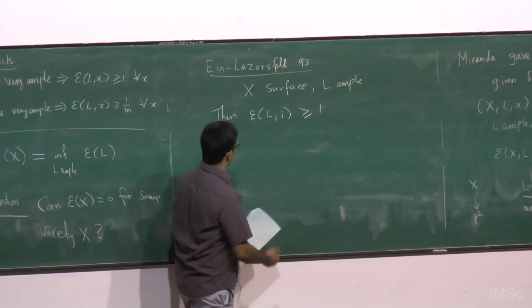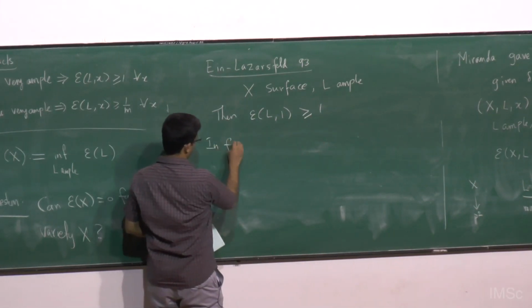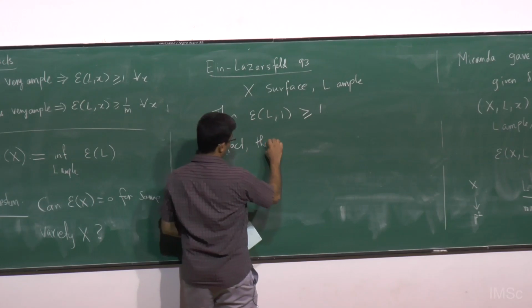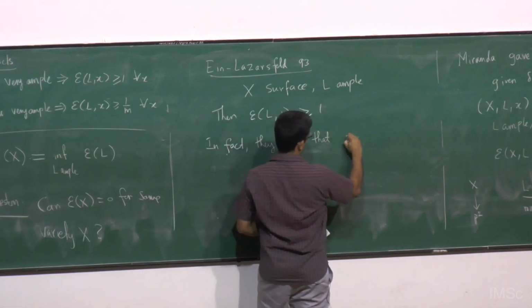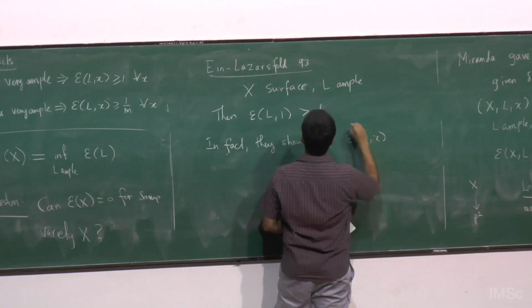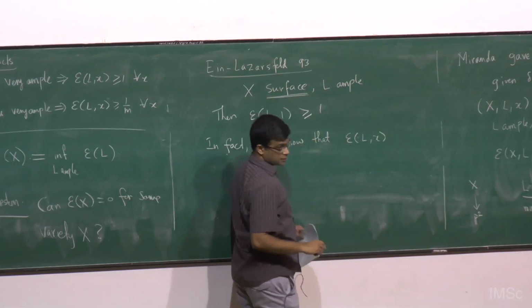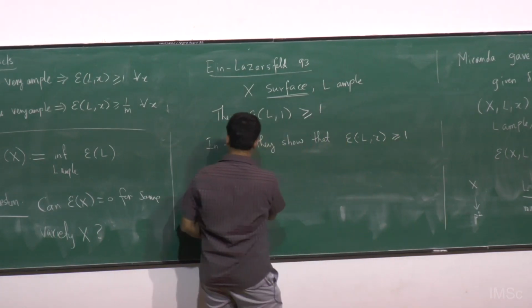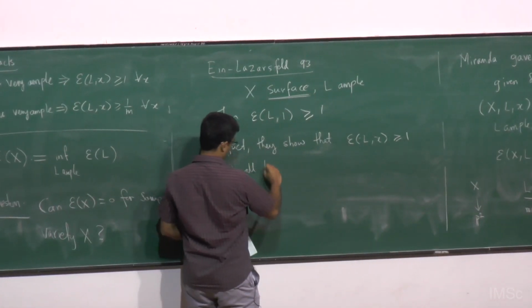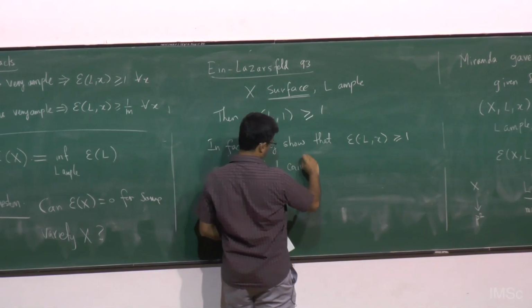This is a very strong statement. In fact, more precisely, they show that epsilon(L, x), and the important thing here to remember is it's a surface, is greater than 1 for all but countably many points.